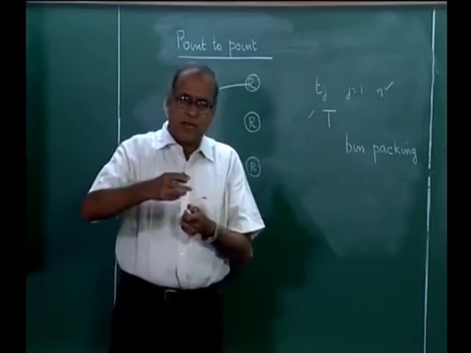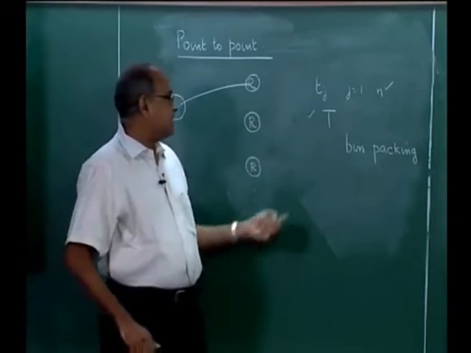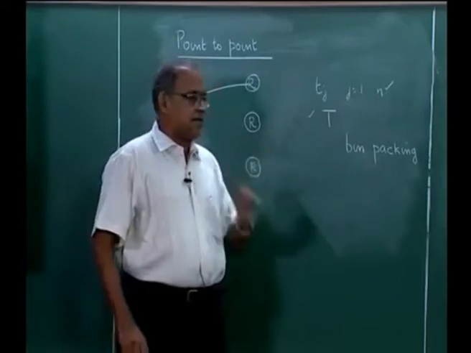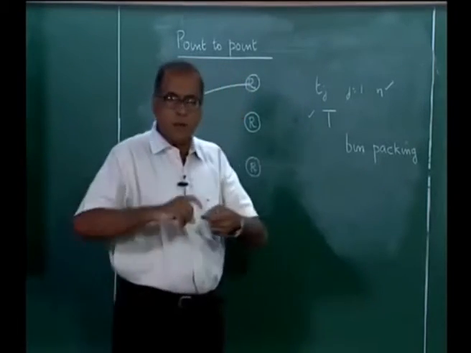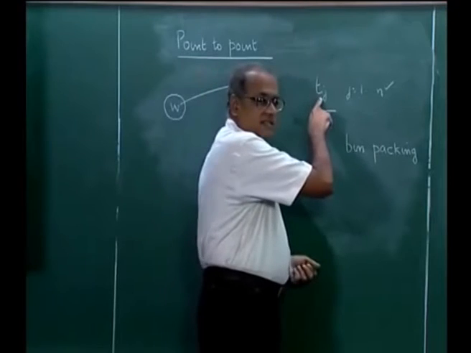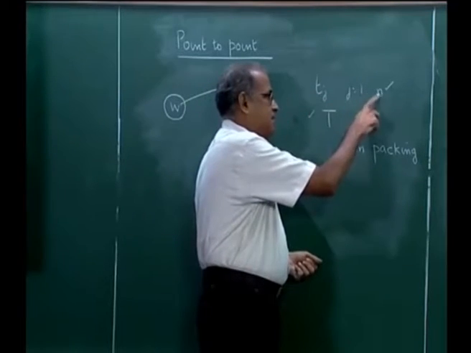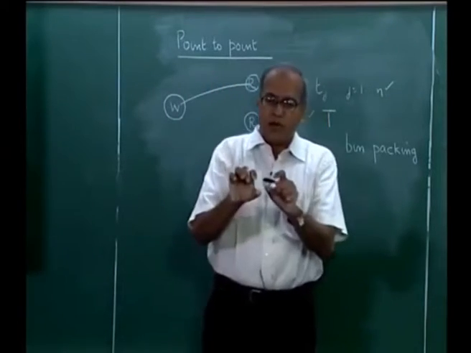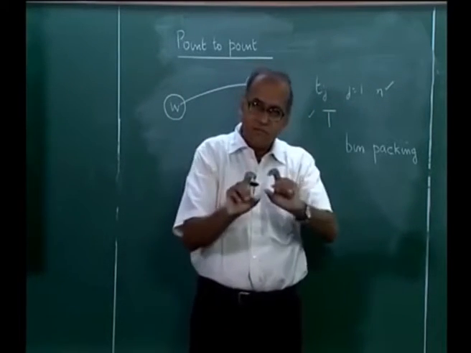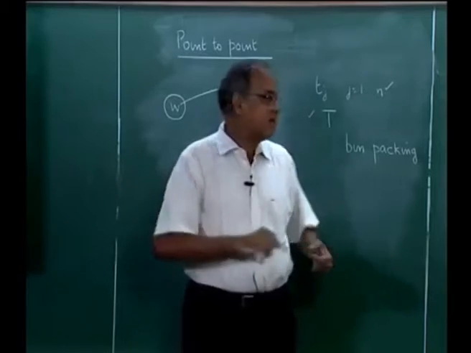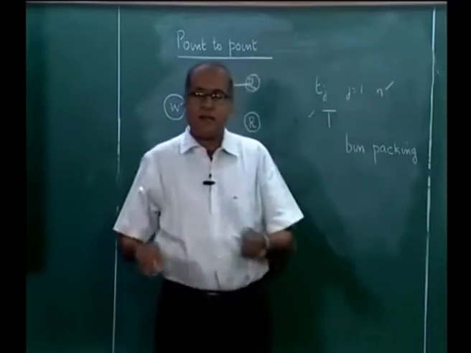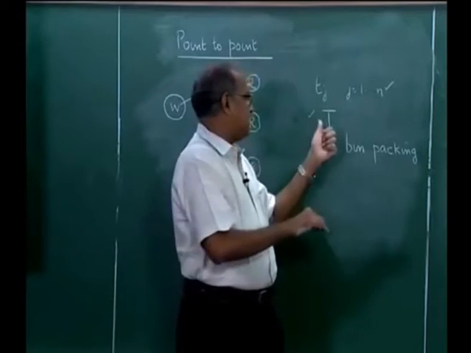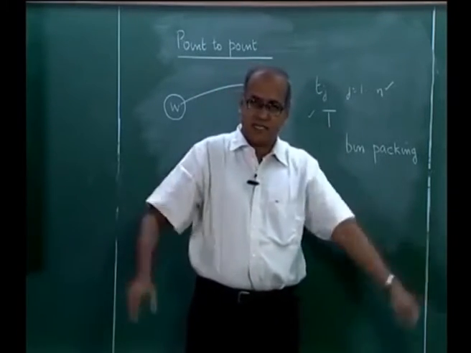The problem can also be explained in different ways. I have several sticks of length capital T. Now, I need to make n smaller sticks, with each length equal to tj. How do I break these longer sticks to get these lengths, using the smallest number of such long sticks with length T?